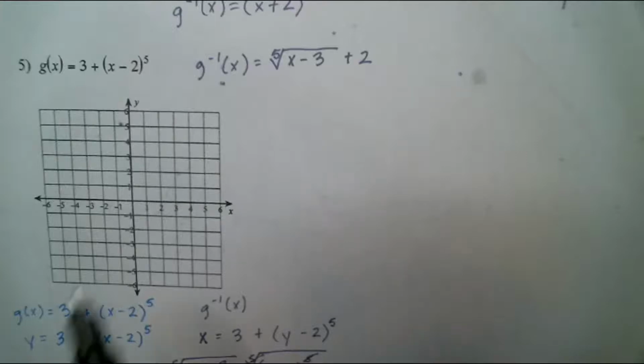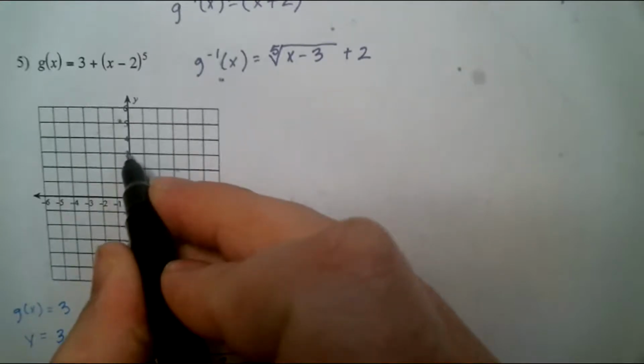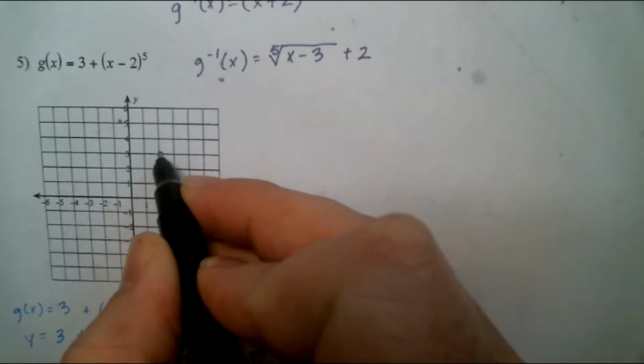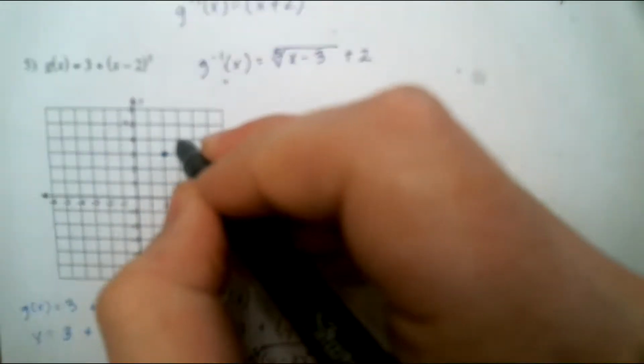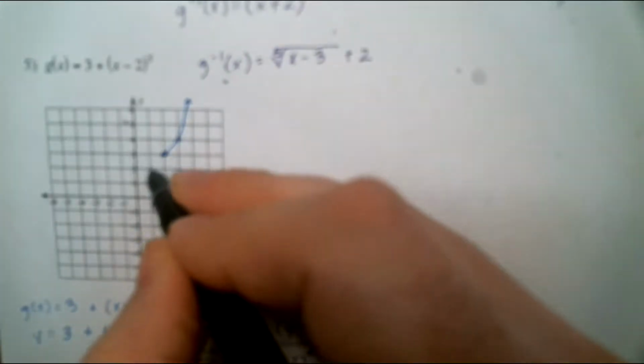All right, so now let's graph this right here. So I go up 3 and right 2. Up 3, right 2. And then x to the 5th, we know it's going to do that number right there. Left 1, down 1.